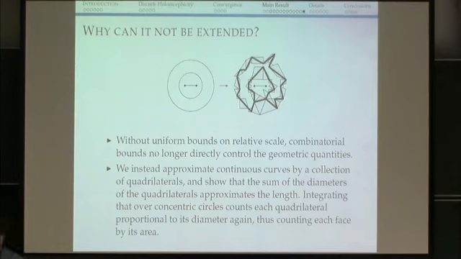The reason this will give us what we want is that when you consider how much a single quadrilateral will be used, it'll be used in proportion to the number of circles that intersect it, because that's the collection that needs to use that one quadrilateral to contribute to its energy. So when you estimate the sum on the circle, you get the diameter of the quadrilateral coming in, just because that's what we want to compute in bounds.